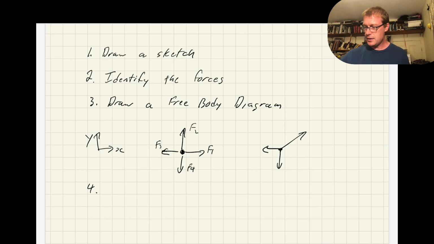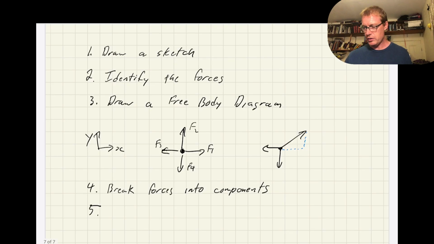In this case, we would want to break this force into two components. And finally, the last step is we calculate the net force along each of the Cartesian directions and set that force equal to zero.